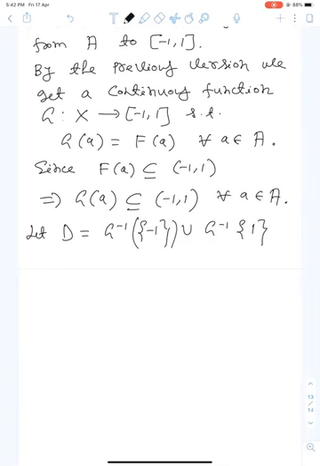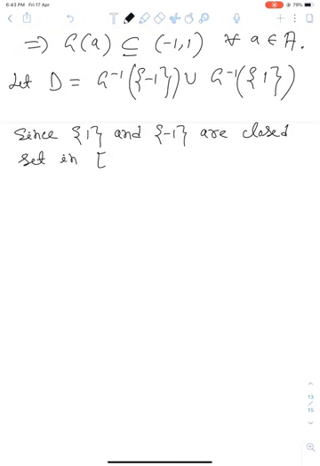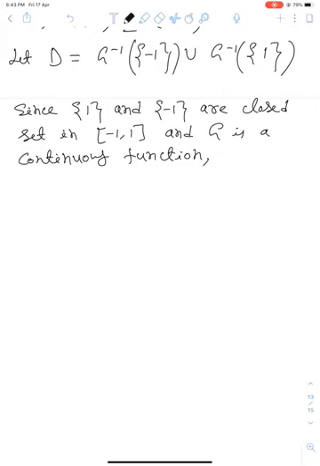Since {1} and {-1} are closed sets in [-1, 1] and g is a continuous function, therefore D is closed. D is closed where? In X.